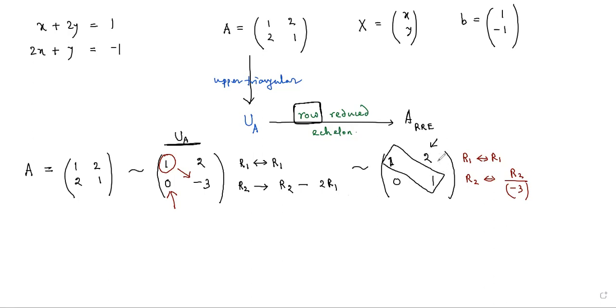My next objective is to make this element 2 to be 0. So how can I do it? We can perform this operation, but whatever operation I perform over here, I have to keep in mind that the already changed elements, like 1 0 1 over here, must not change at all.